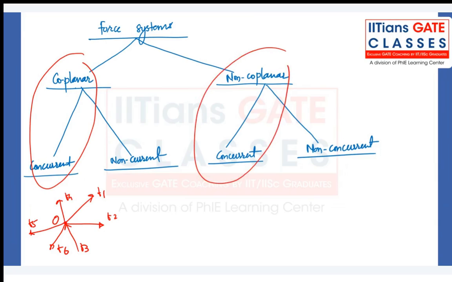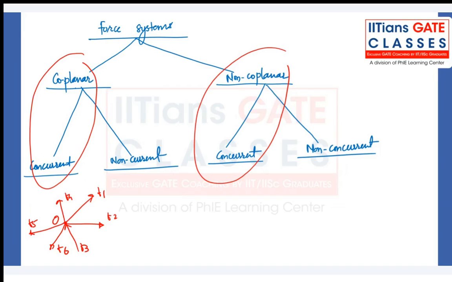I hope you understood till this. And what is a non-concurrent force system? A non-concurrent force system is one where the lines of action of forces in the system are not passing through a single point.